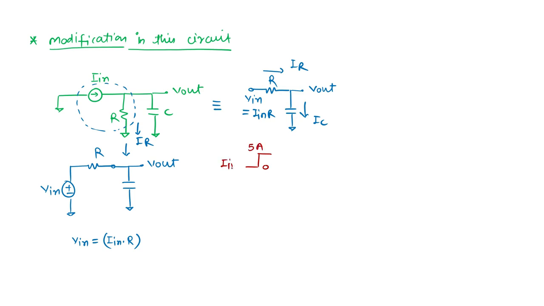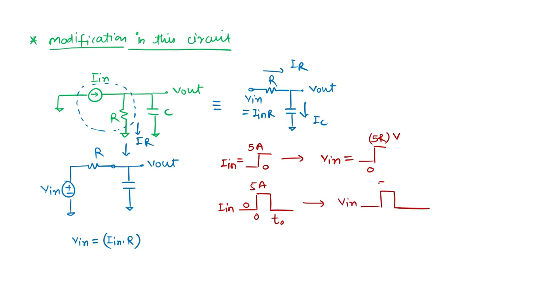If this is my I in, then my V in comes out to be a step of 0 to 5R volts. If I apply a pulse of 0 to 5 ampere as my I in, between 0 and T naught, then my V in will be 0 to 5R volts, between 0 and T naught.